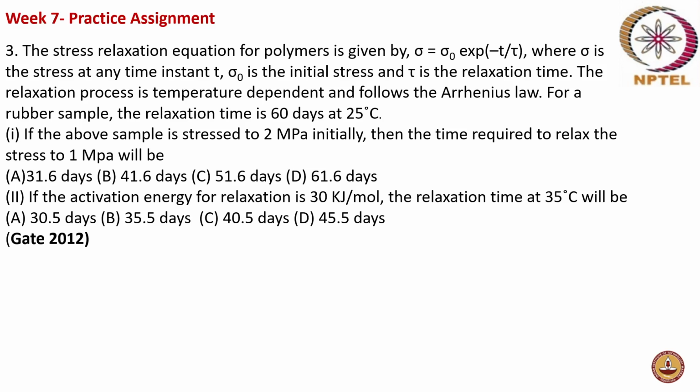So this question has two parts. The stress relaxation equation for a polymer is given by sigma is equal to sigma naught into exponential of minus t by tau, where sigma is the stress at any time t, sigma naught is the initial stress, and tau is the relaxation time.